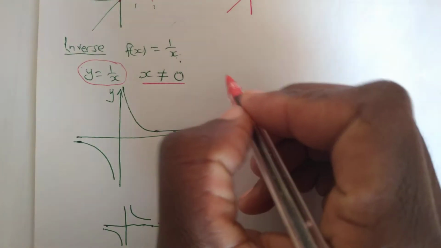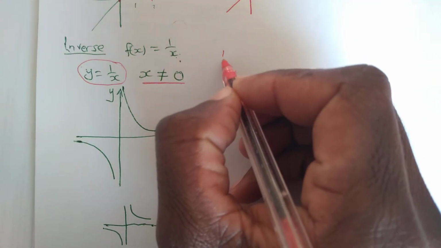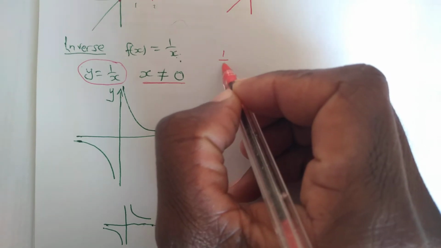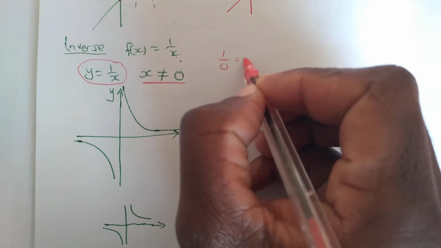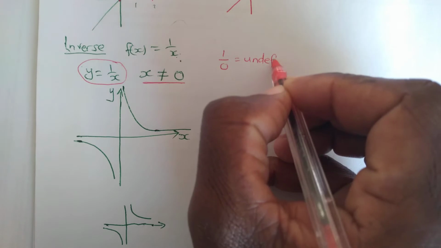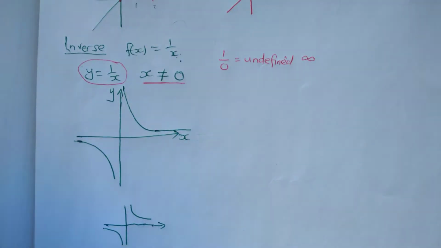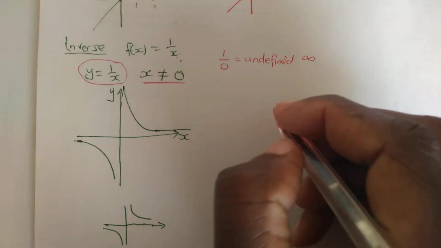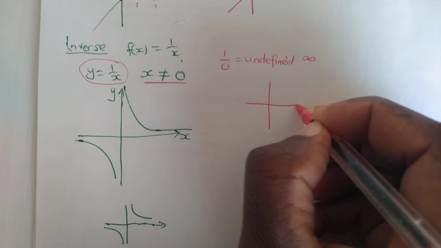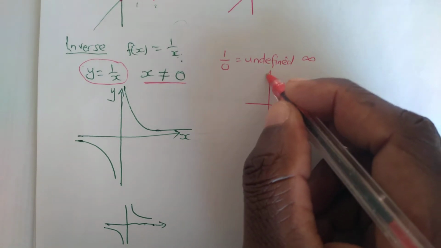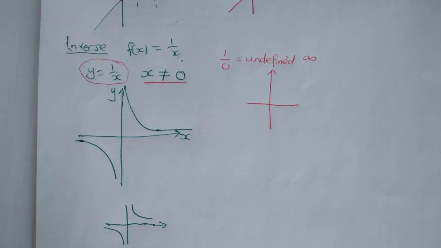How do I mean? Remember, if x is 0, the function becomes y equals 1 over 0, and 1 over 0 is undefined, or it's going to give you an infinite value. So where will you plot that value on the y-axis? That will be a challenge.